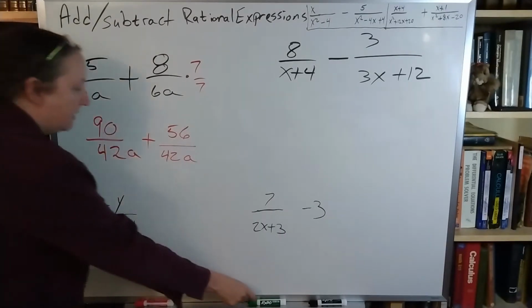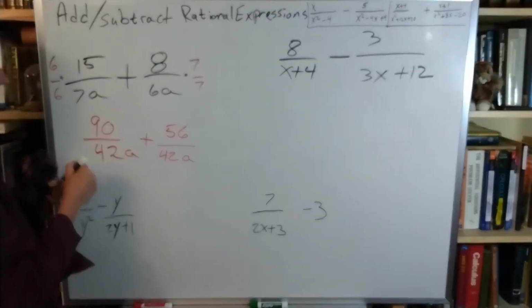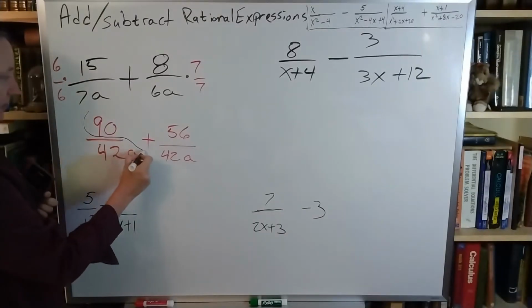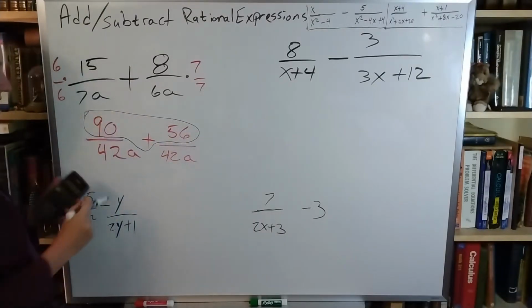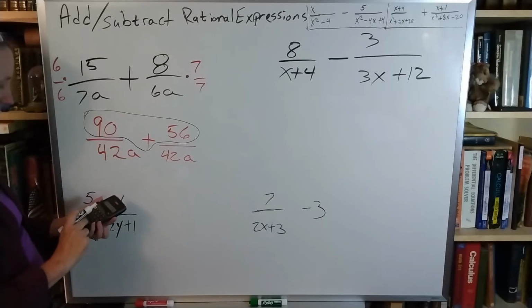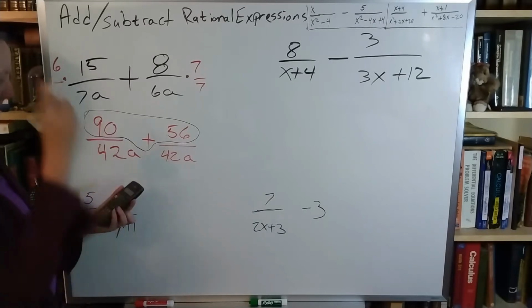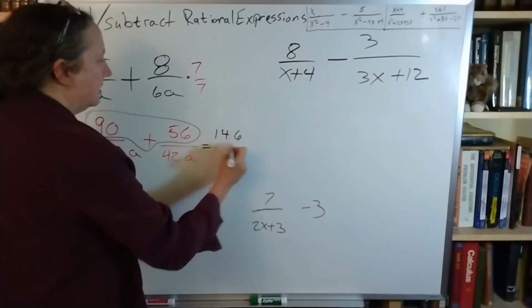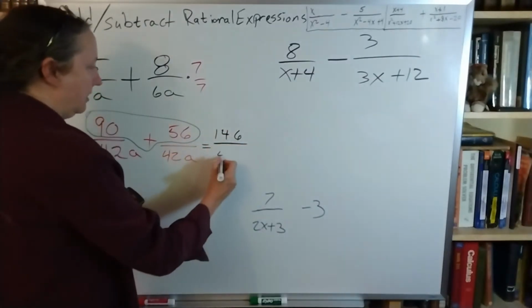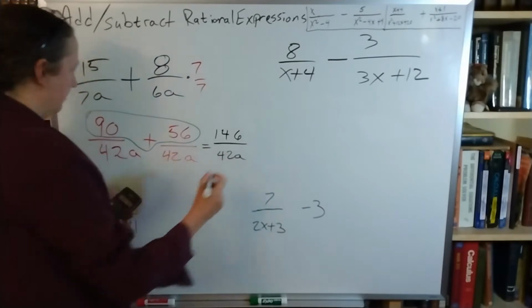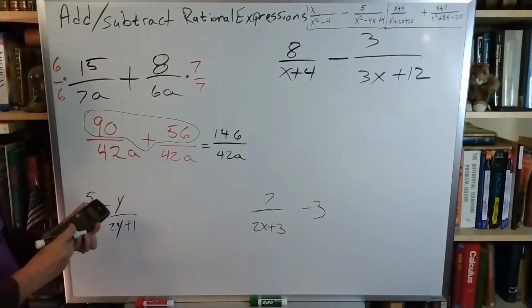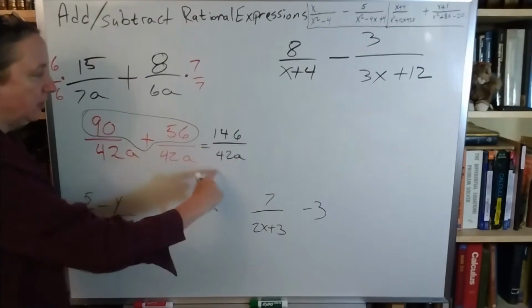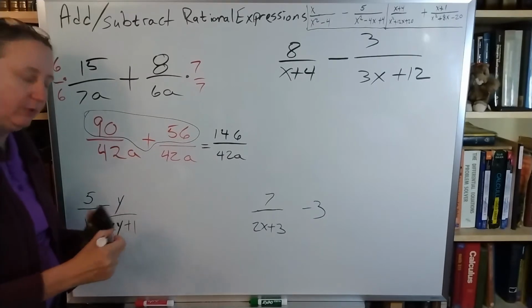Now that I have that, I add the tops. So 90 plus 56 is 146 over 42a. So now I have to look to see, can I reduce anything?